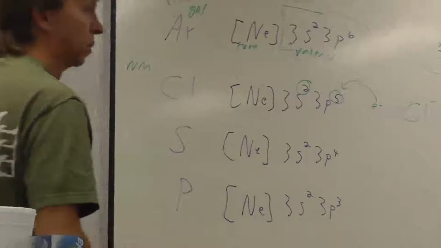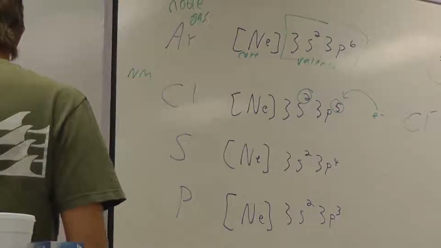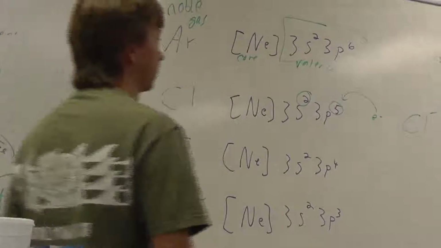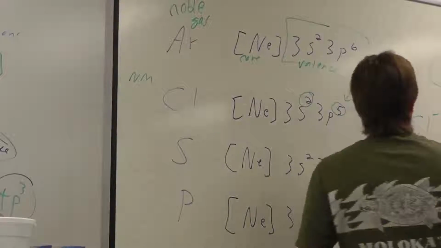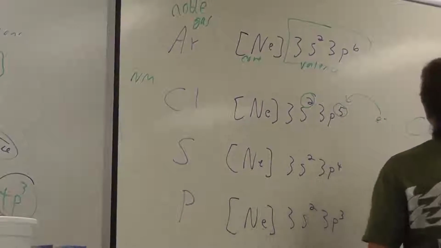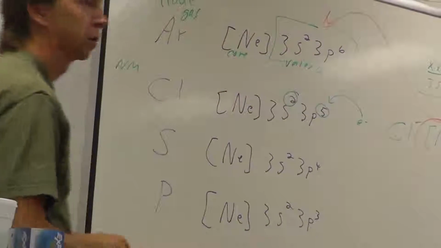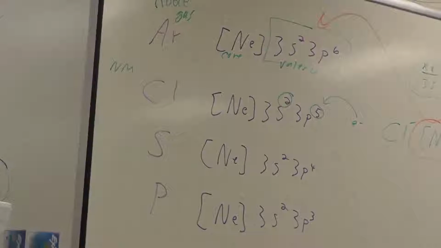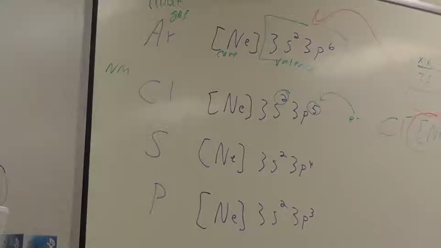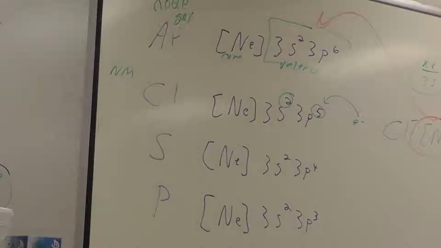Correct? Adding 1 electron to what chlorine already had, and that looks suspiciously similar to argon's configuration, correct? And by similar, I mean identical. Do you see that that's identical?